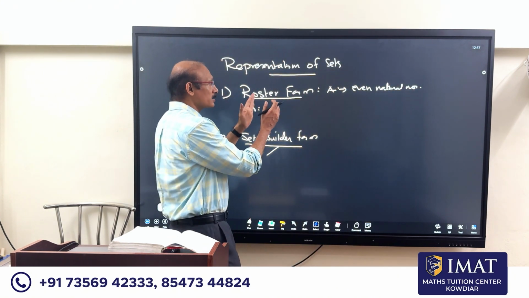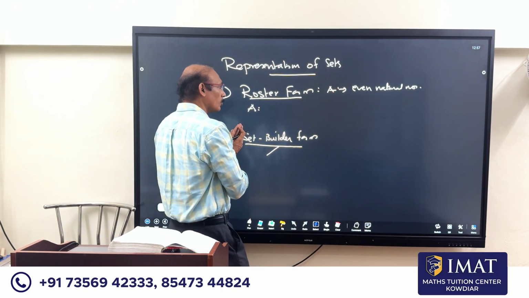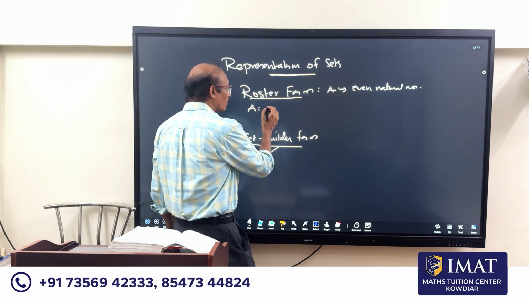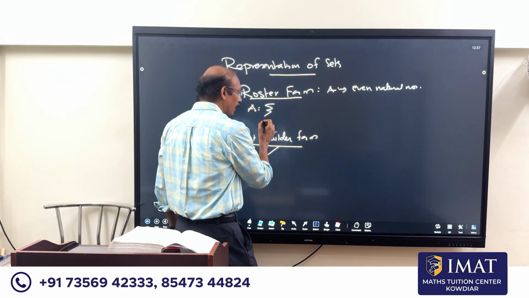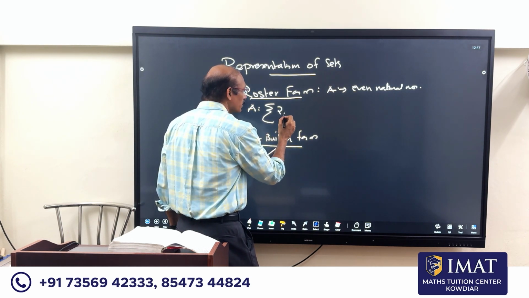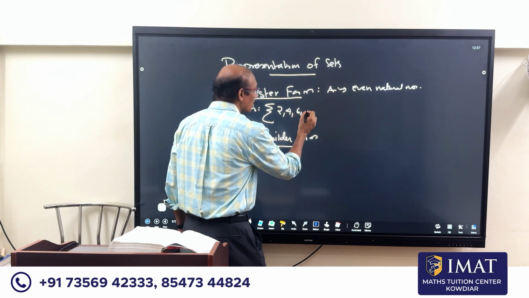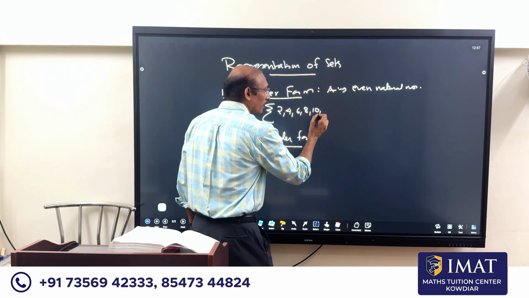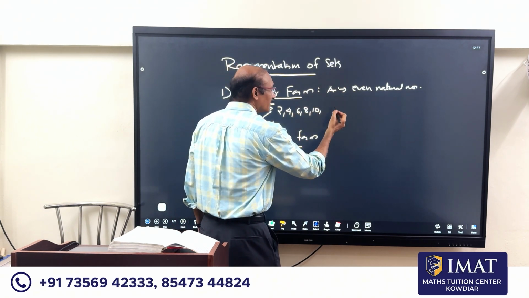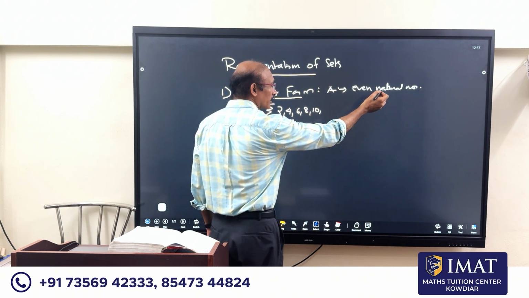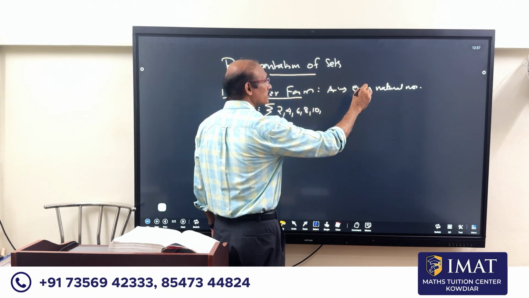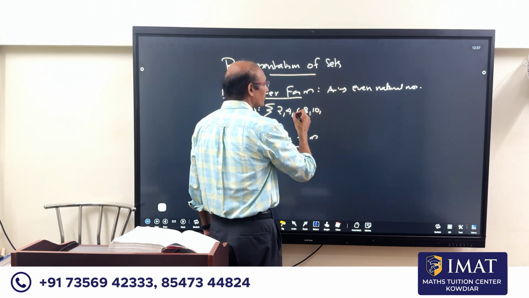And if you have to represent that in the roster form, this is how you do it. Let me take A equal to, you start with a curly bracket, write down the elements 2, 4, 6, 8, 10, separated by commas, and this goes on because there is no limit stated here. So all even natural numbers will be there in it.